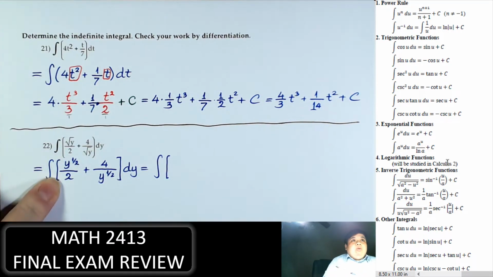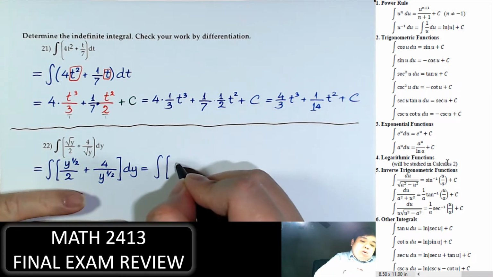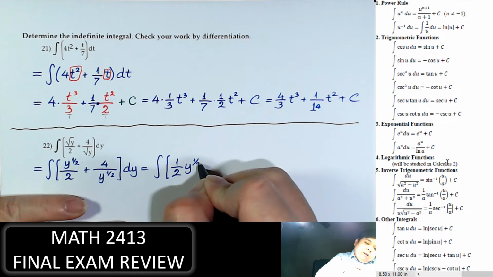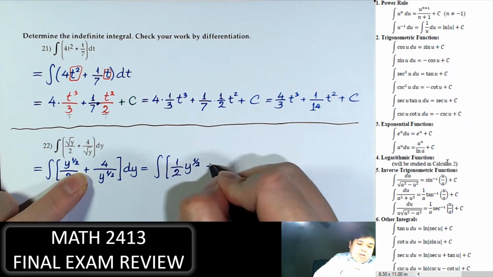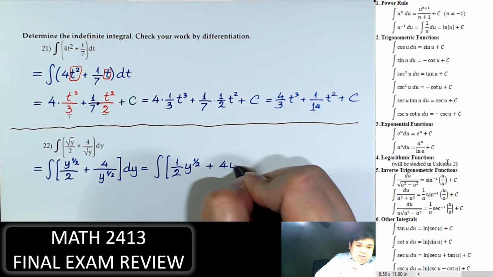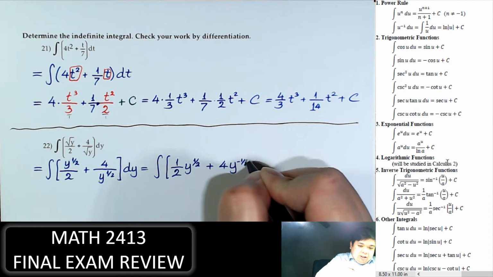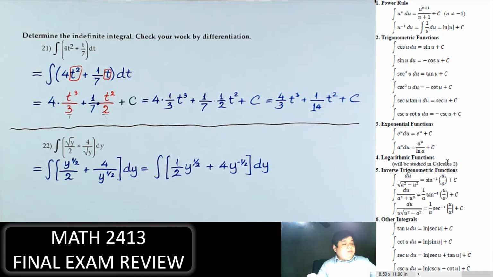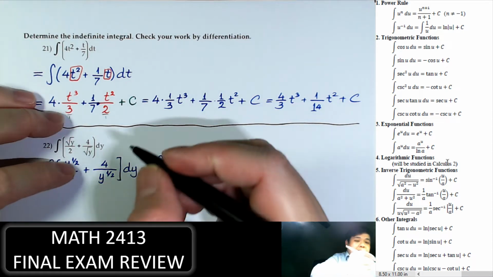Right, I will rewrite this. Divide by 2, so multiply by 1/2. Plus 4. I move this to the top, becomes negative 1/2. Now we have powers. We can use the power rule.